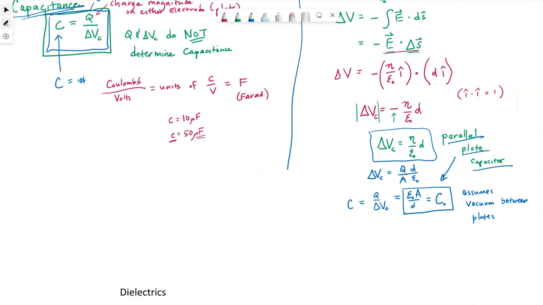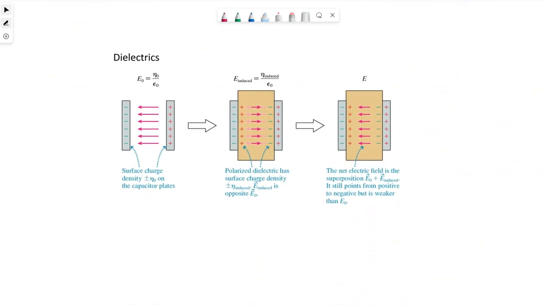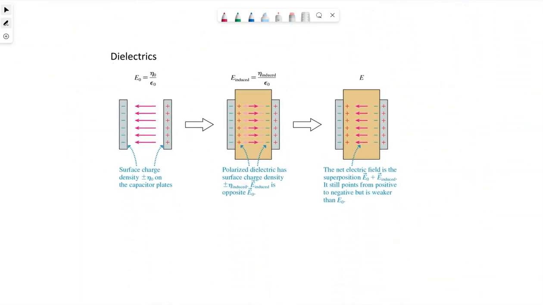I've grabbed a picture from our book, the Randall Knight book. The material that we would potentially put between the plates is called a dielectric material. A dielectric material is one in which the atoms are polarized or easily become polarized as electric dipoles.